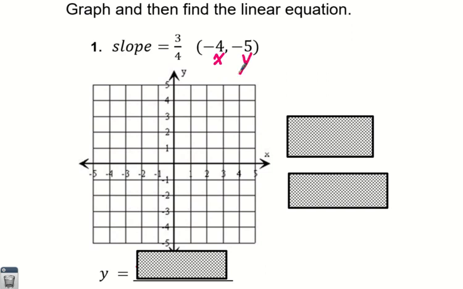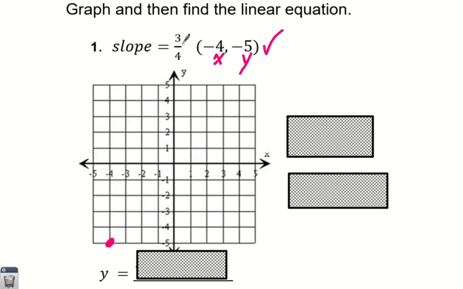That's not rise over run. This is just plotting an x and a y pair. So we're going left to -4 and then down to plot -4 comma -5. So there it is, -4 comma -5.